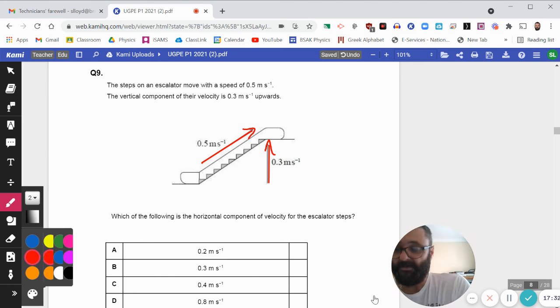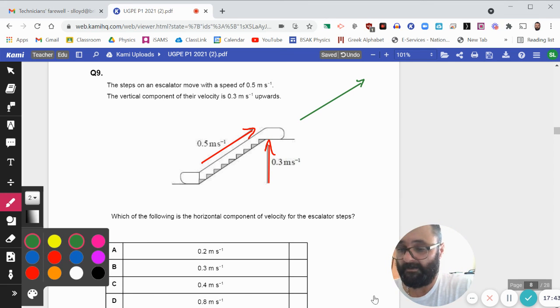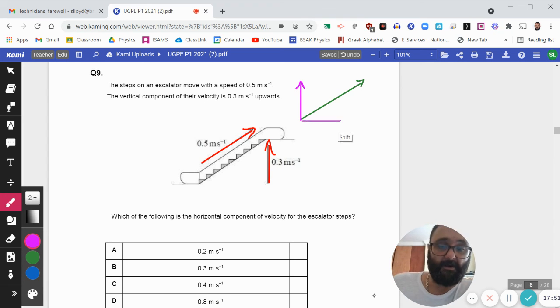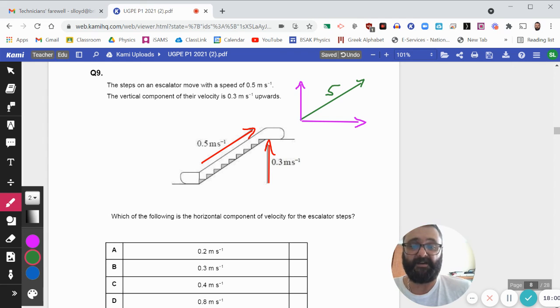So, if you remember your vector triangles, if this is the resultant, we must have a vertical component of 0.3 and a horizontal component of something we're trying to figure out. Now, if the resultant is 5, the vertical is 3. It's a 3, 4, 5 triangle, isn't it? You should have just spotted that.